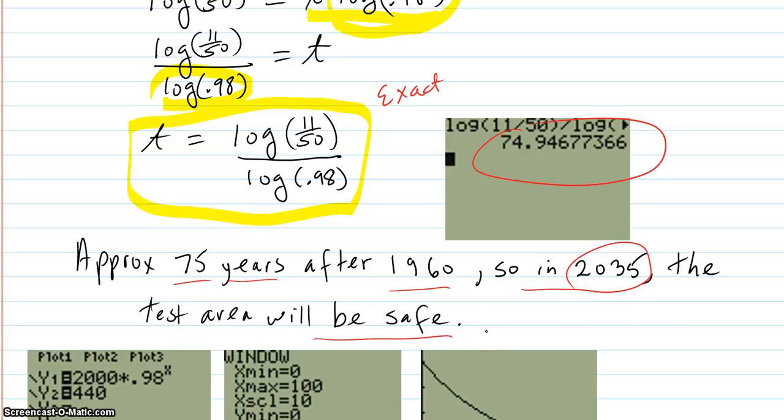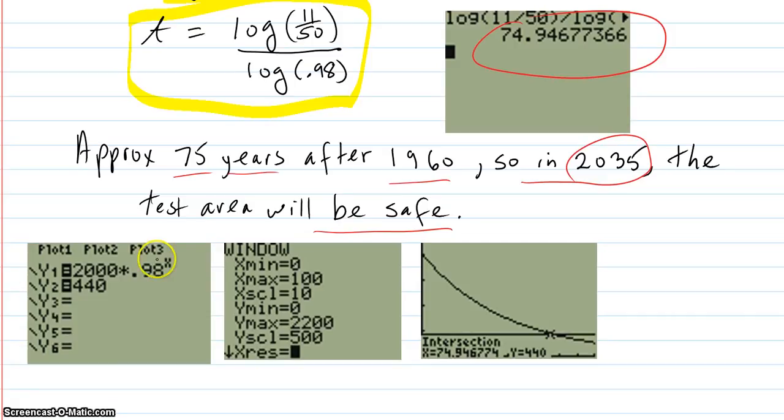Let's just verify that with the calculator method. Put the function in. Here's the goal, 440. Figure out a window. It has to be at least 2000 in the y, so I went to 2200. And you don't have to mess around with the x max to see when you can finally see the intersection.